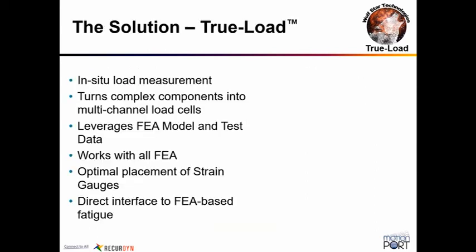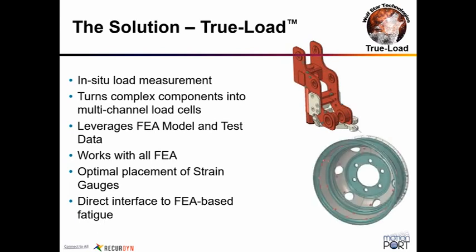So in this case, the idea is to measure the loads in the physical test with strain gauges, and with this process, these complex components become basically their own load cells. It's done by leveraging both the finite element model and the test data. TrueLoad has interfaces to all the different FEA software.